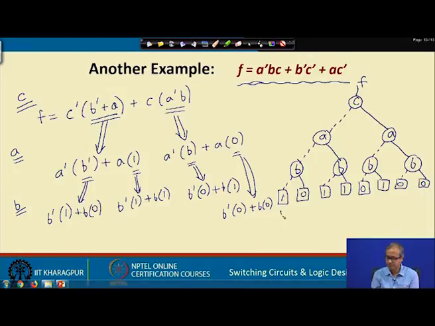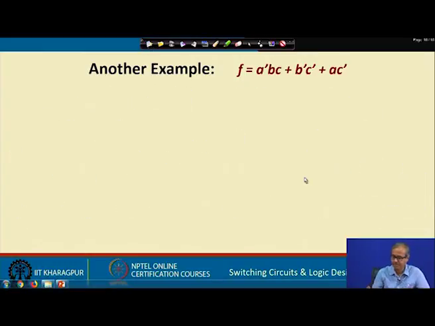So, you have obtained the binary decision diagram for this function. Given any variable ordering, you can construct the BDD by systematically decomposing the function using Shannon's law. Okay? Fine.